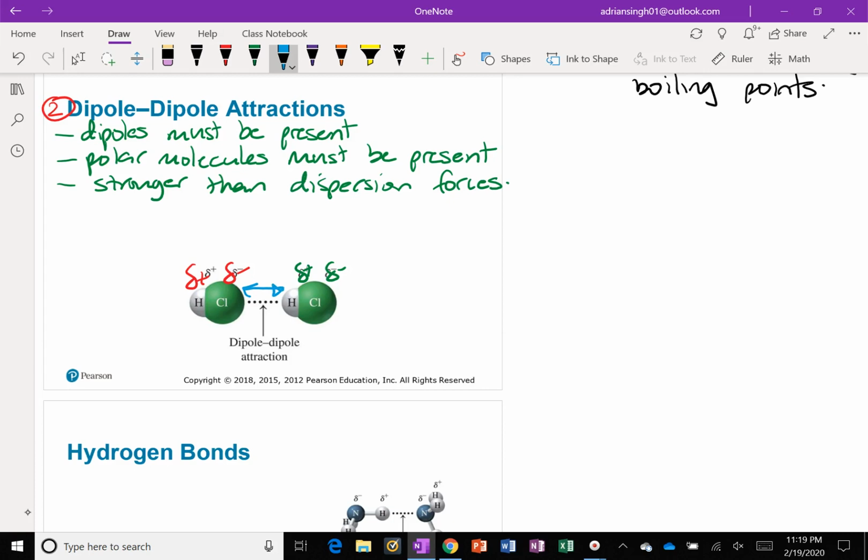Opposites attract, and that attraction between them is the dipole-dipole attraction. It's attraction between one dipole and another, specifically the opposing partial charges getting close to each other. So these are a little bit stronger than the dispersion forces.